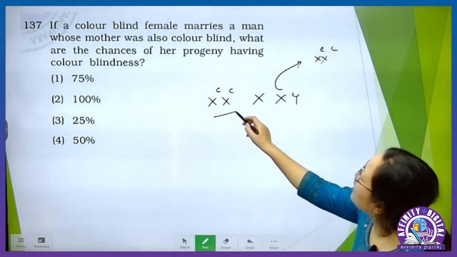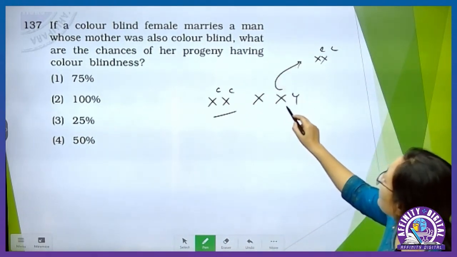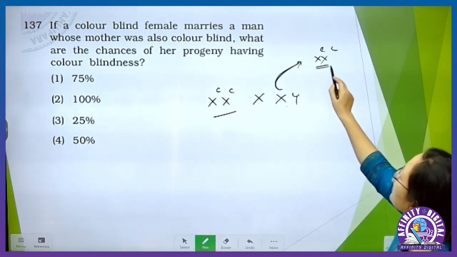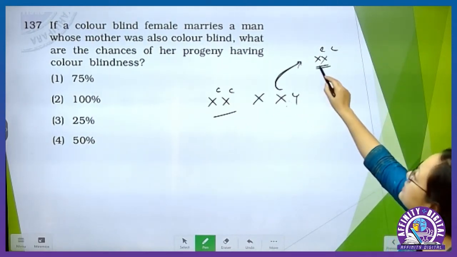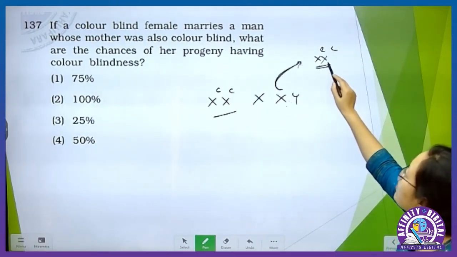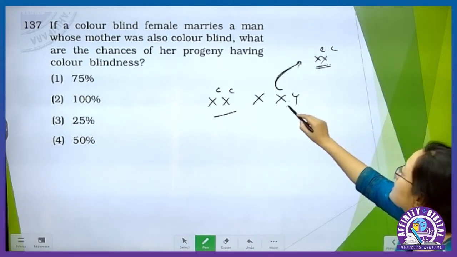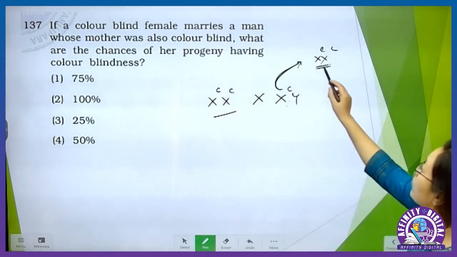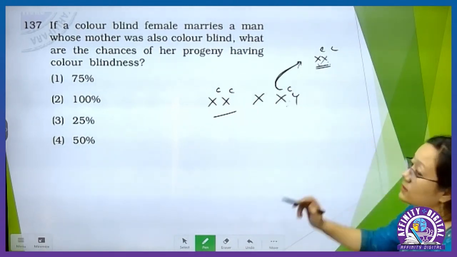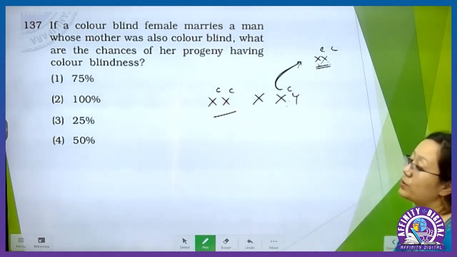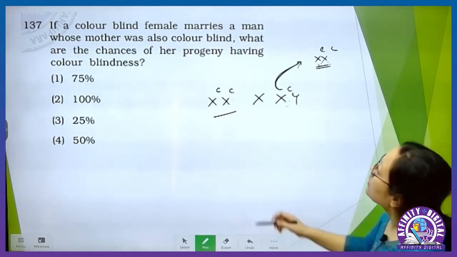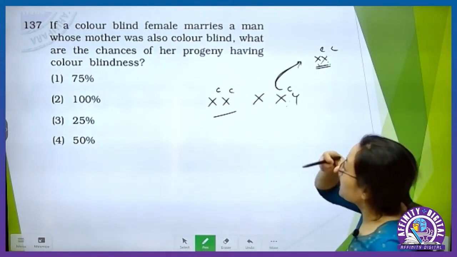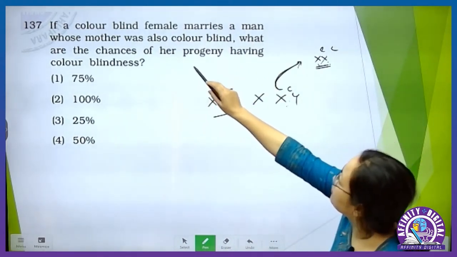The man's mother was also colorblind. If the mother is colorblind, obviously the son has to be colorblind too, because both X chromosomes have the colorblind gene. So obviously this man will also be 100% colorblind, and the female is also colorblind.